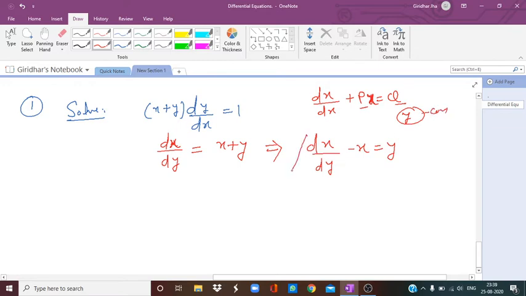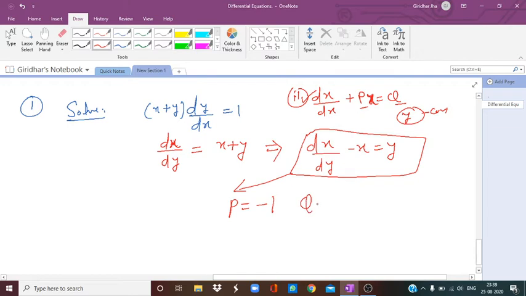So this form, while looking this, we believe that this is going to be our in second form, where p equals to what? See, plus p, x it is there. So p will have -1. And what about q? Q is y. Correct? So we came to know p and q. Now we'll have to go the integrating factor. So we'll find integrating factor here, dear.